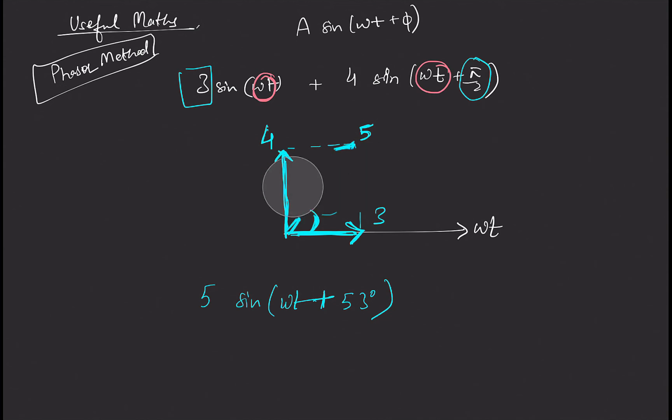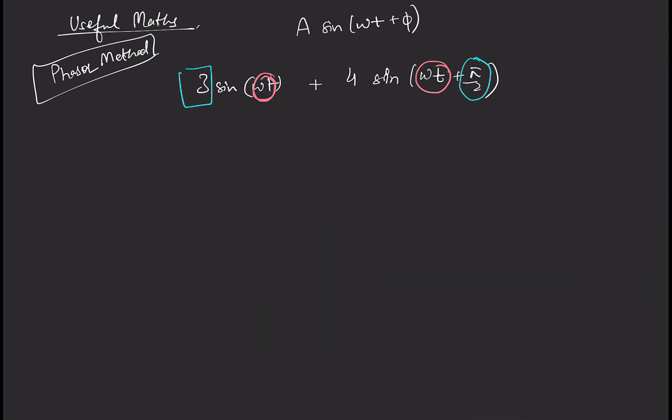So let's say instead we had 3 terms, like 3 sine omega t, 4 sine of omega t plus pi by 2, and 8 sine of omega t minus pi by 2. Again we can combine all of these into a single sine term as follows.